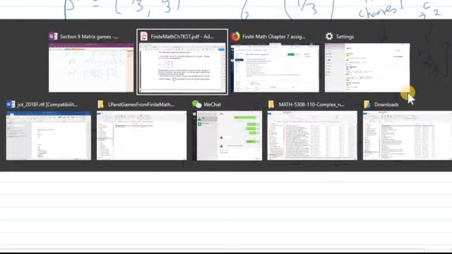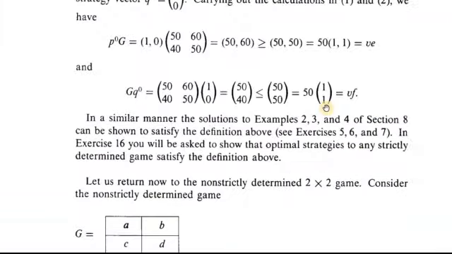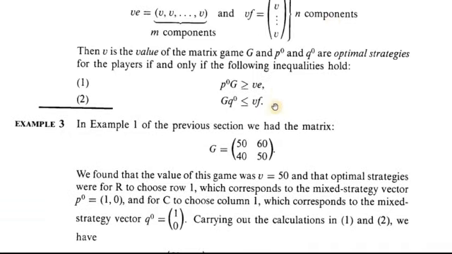And that accords with this definition here, that if we get this value where P naught G is greater than or equal to V E and G Q naught is less than or equal to V F, that's true in this case. So the value of my game is minus 2/3.